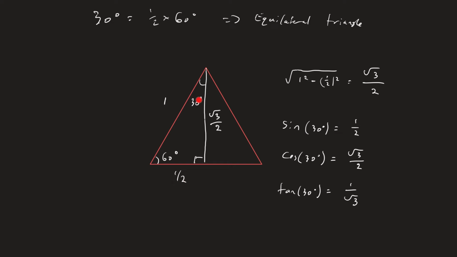Cos of theta is adjacent divided by hypotenuse, in other words, cos of 30 is just the square root of 3 on 2. And finally, tan theta, you can either say tan theta is opposite divided by adjacent, or just have tan theta is sine theta divided by cos theta. In either way, we get tan of 30 degrees is 1 on the square root of 3.